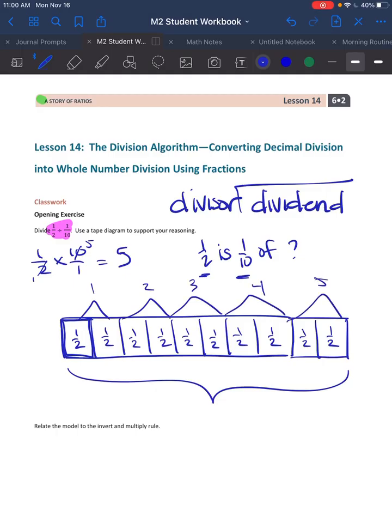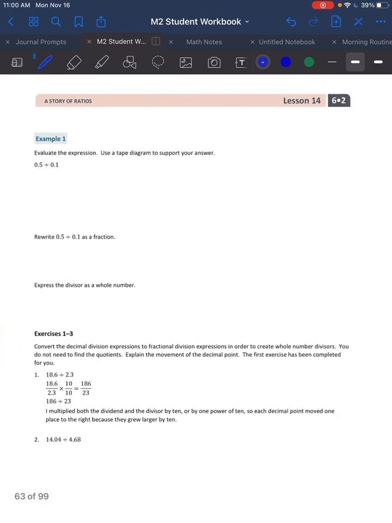So I know that this whole tape diagram is 5, because I translated my division sign into is. So 1/2 is 1/10 of what number? That's how you can draw the model to show how we got our answer when we multiplied by the reciprocal.